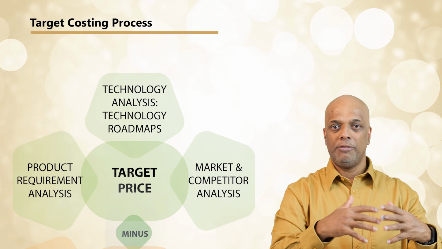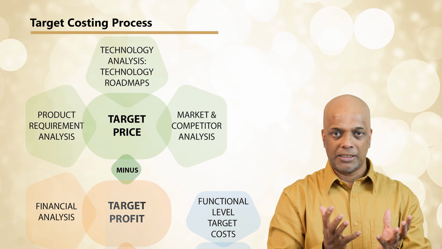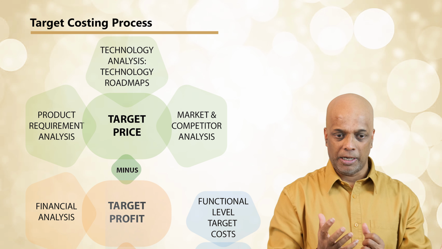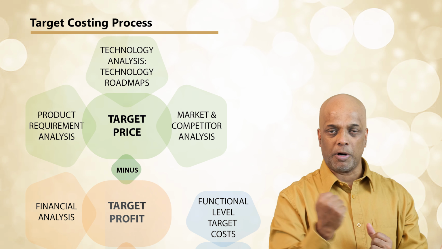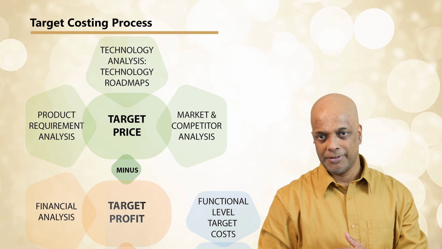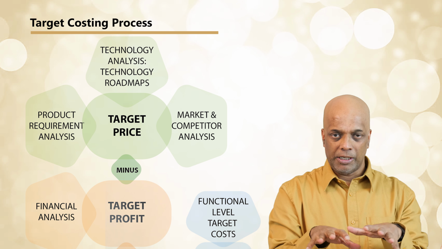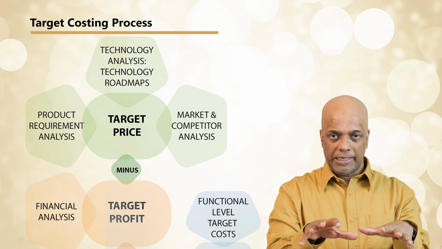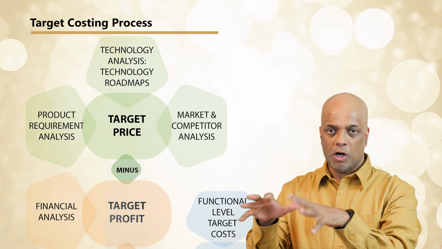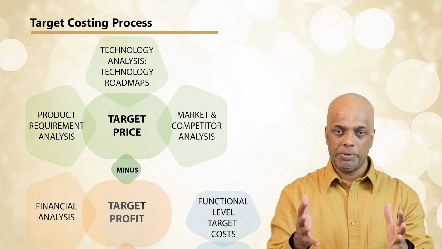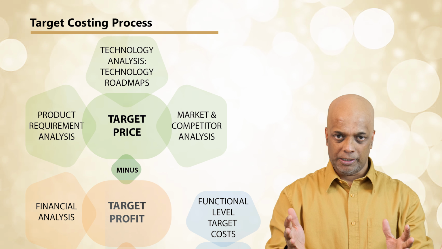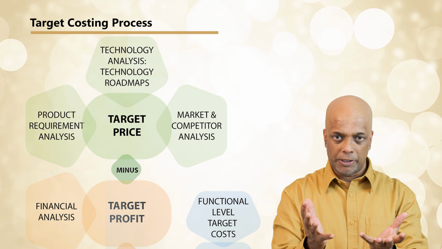Then we will carry out a financial analysis to determine what our target profit should be. Given our investor base, given the nature of the stock market we are operating in, what should be the target rate of return? What should be the overall profitability of the company?